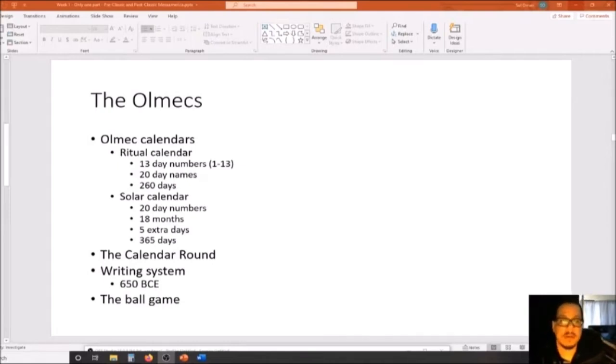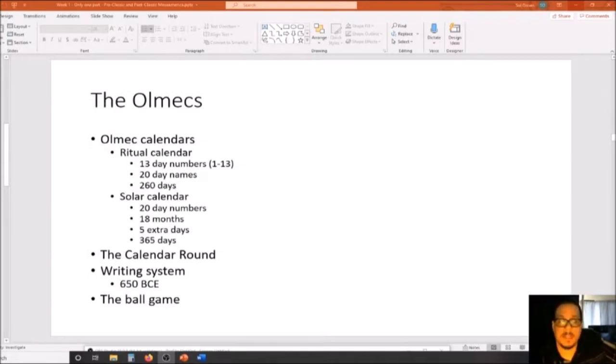In addition to the calendars, the Olmecs also created a writing system, right? A system of hieroglyphs. And is this true writing? Hasn't been proven conclusively whether it's true writing, meaning that the glyphs represent actual words. The glyphs may be just logograms, or they may represent ideas or concepts.